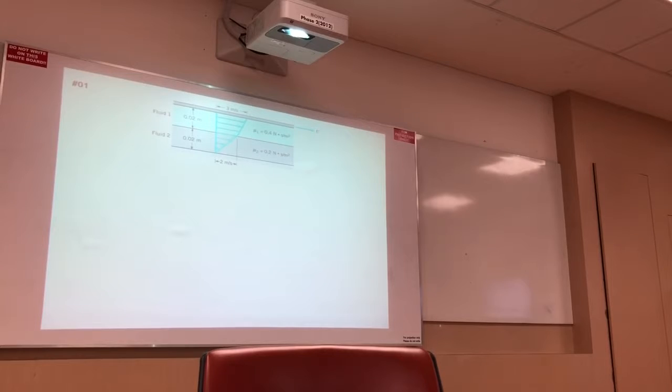Okay. Question 1 tells you two layers of fluid are dragged along by the motion of an upper plate. Two layers means this is layer 1, this is the second layer, layer 2.